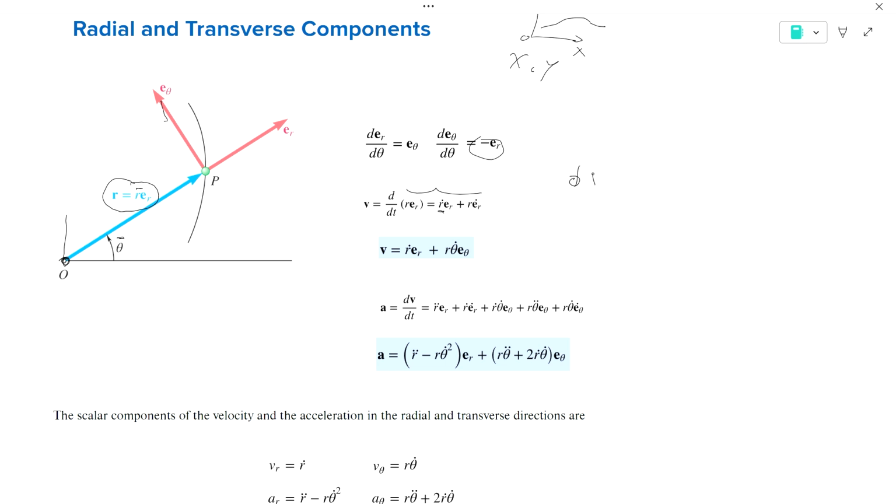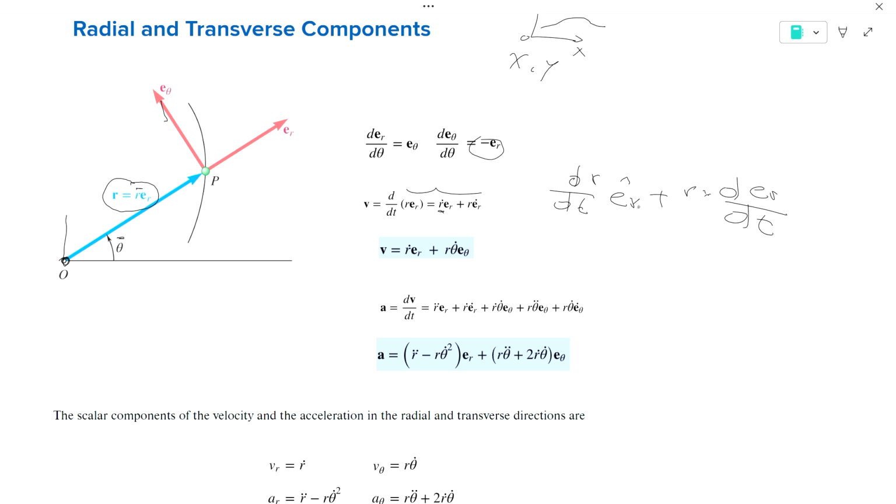Basically, this is r dot times e_r hat, the unit vector, plus r times the change in the unit vector's magnitude or direction. Basically, it will always be the same magnitude, the direction is going to change. The unit vector always has the same magnitude, but the direction can change because of theta.